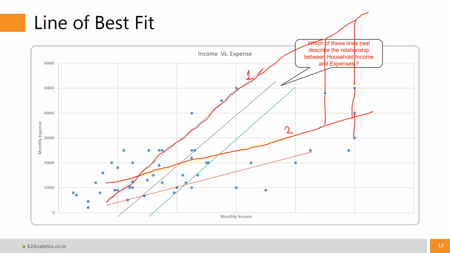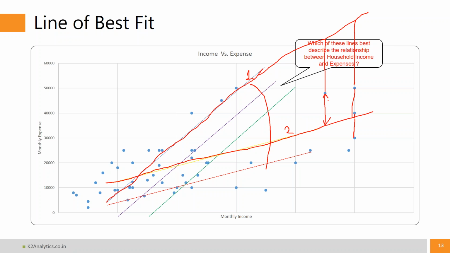So my objective is, of all these lines, 1, 2, 3, 4, 5, which are the 5 lines I have drawn, I could have actually had infinite lines. Of these infinite lines, my objective is to find the line for which this gap across all the points is minimum.